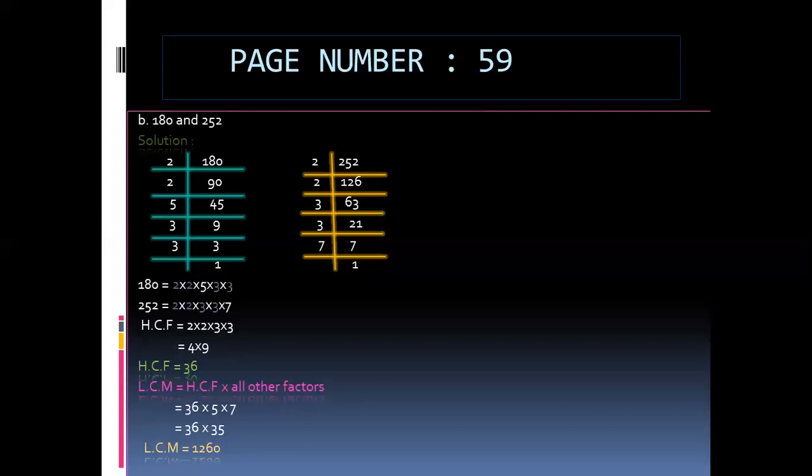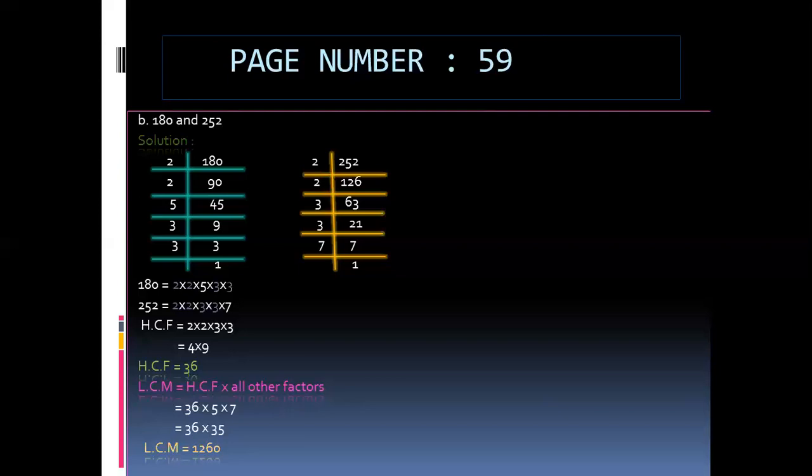For the LCM, the formula is HCF multiplied by all the other factors. We check in 180 and 252 which numbers are uncommon. In 180, 5 is uncommon, and in 252, 7 is uncommon. Putting the values in: 36 multiplied by 5 multiplied by 7.